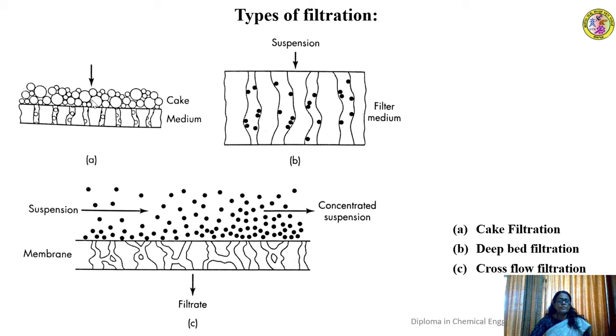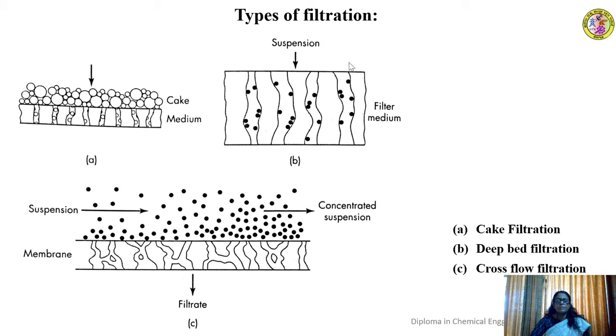Even though a few solids might enter the pores, they will just serve to block the pores, but they will not come out from the other side of the filter medium. They get deposited on the filter medium when the slurry enters, and only the liquid can pass through and come out from the opposite side as filtrate. So this is cake filtration, which usually involves the formation of cake, as there is a large quantity of solids separated from liquids.